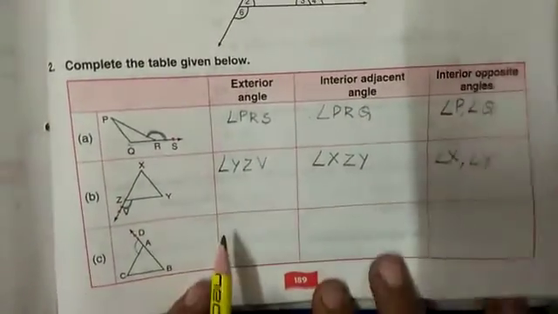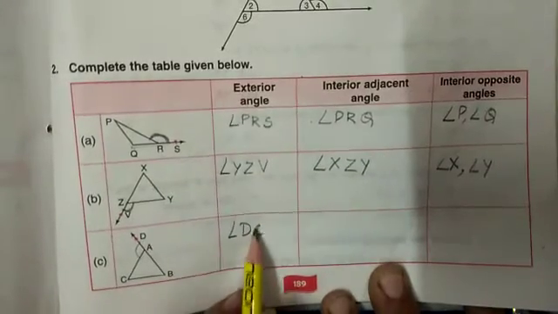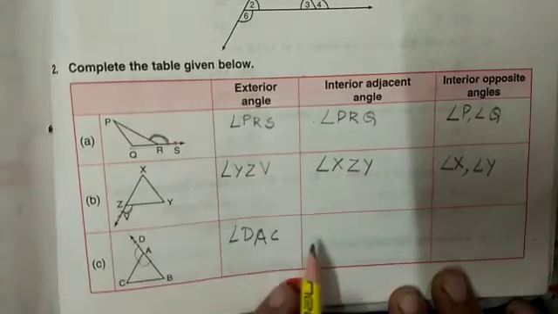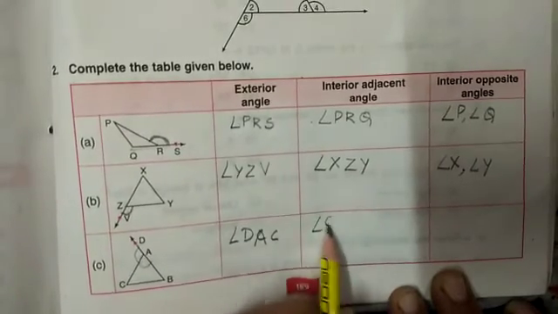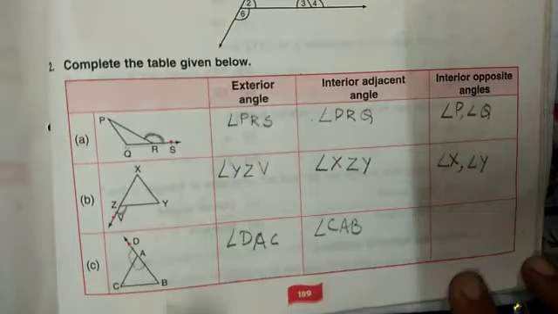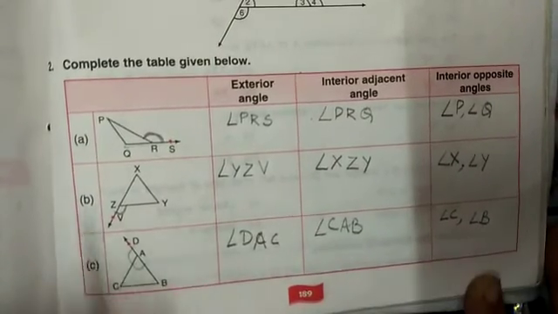This is exterior angle, angle DAC, and its adjacent angle, angle CAB, and opposites are angle C and angle B.